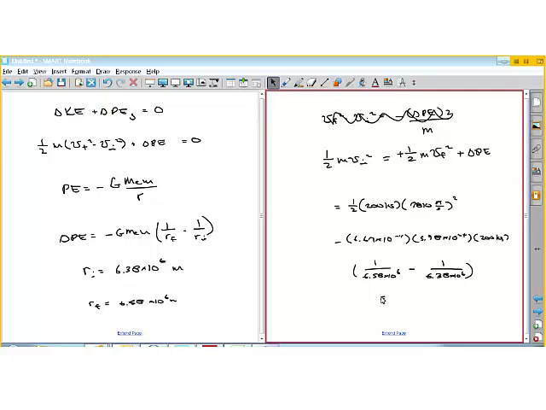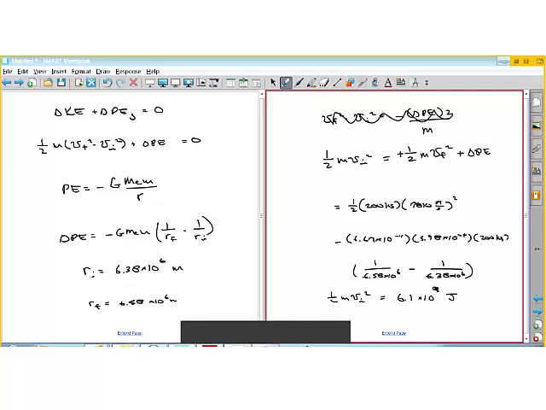And so I get the answer. And it is 6.1 times 10 to the 9th joules. So that's the initial kinetic energy that I need to get that thing into orbit.